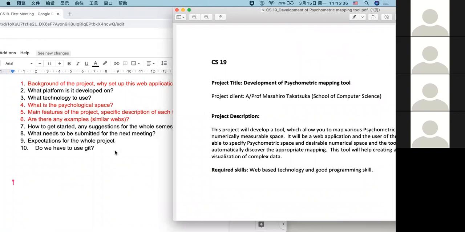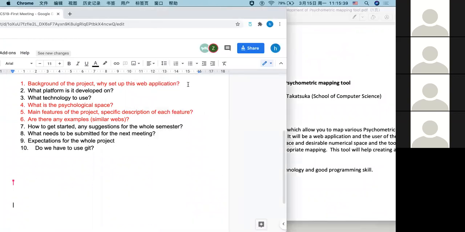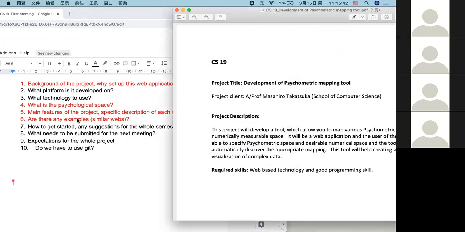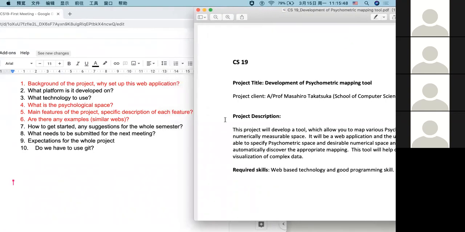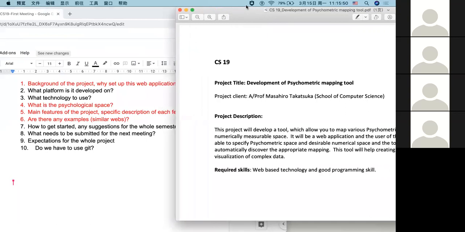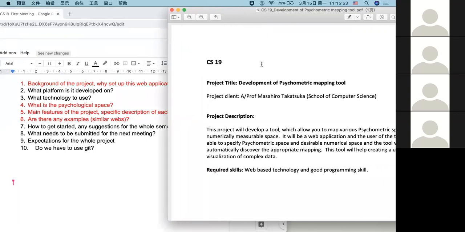Would you please introduce the background of the project? Why set up this web application? We need to get more detail about the project.